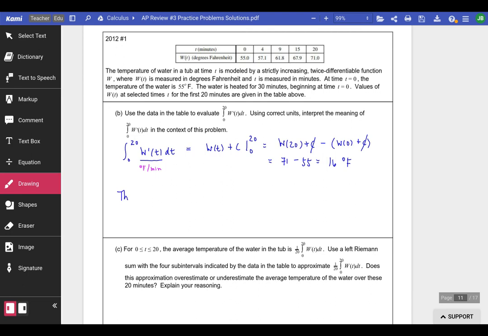So for this problem, we would say the temperature of the water increased by 16 degrees Fahrenheit over the time interval t equals 0 to t equals 20 minutes.